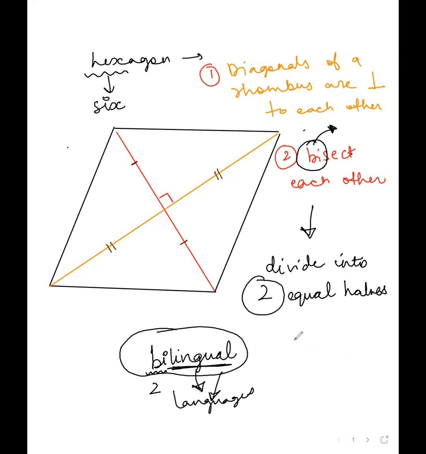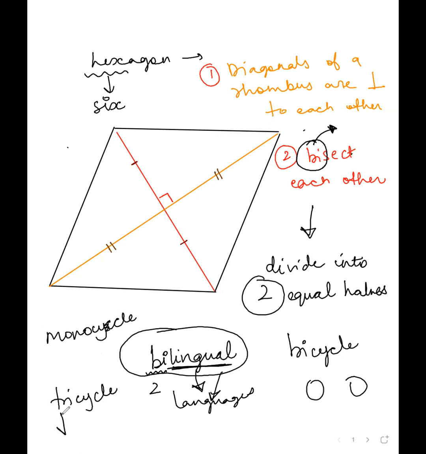Have you ever ridden a bicycle? Yeah. Okay, bicycle means a cycle which has two tires. Similarly, there's something called a monocycle. Have you seen that in pictures? Yeah. Similarly, there's a tricycle which small children use that has three wheels. So bicycle means two wheels.